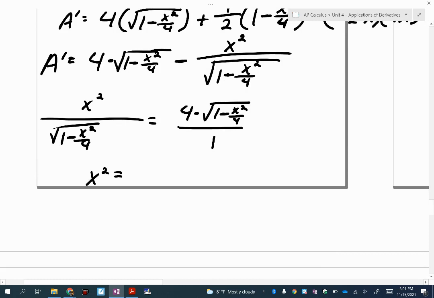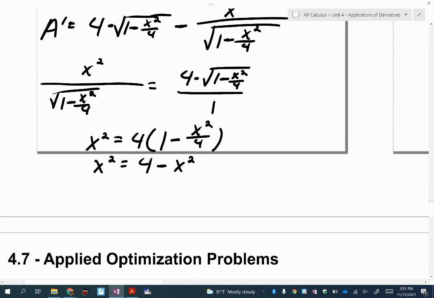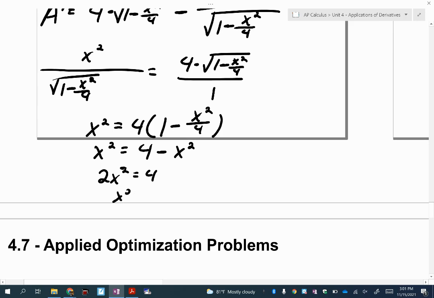Now watch what happens here. You have 4 times, and when you multiply a square root times a square root, the square root goes away. So you have 1 minus x squared over 4. I'm going to distribute to get 4 minus 4 over 4, which becomes 1, so minus x squared. Moving the x squared to the other side, you get 2x squared equals 4, or x squared equals 2.